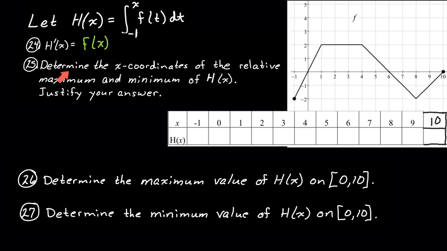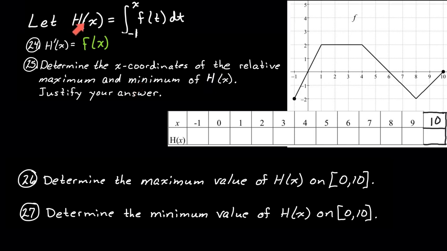So now the next one says determine the x-coordinate of the relative maximum and minimum of h of x and justify our answer. Well, if you think about relative maximums and minimums, that is where your derivative changes sign. For a maximum, your derivative changes from positive to negative. For a minimum, your derivative changes from negative to positive.